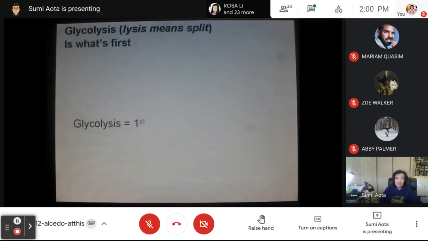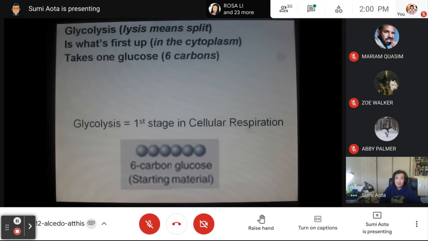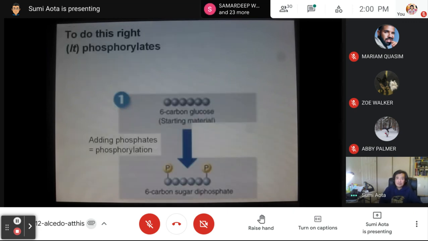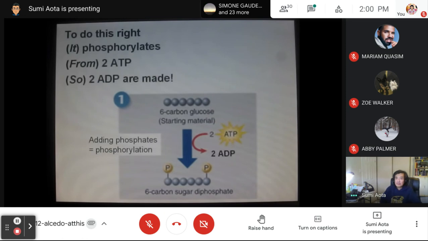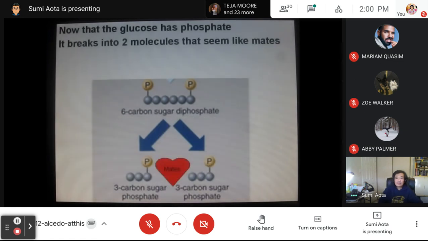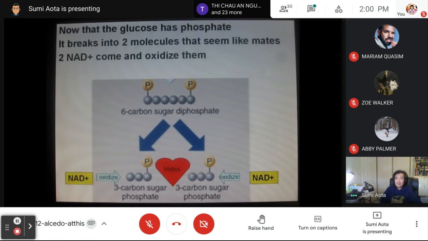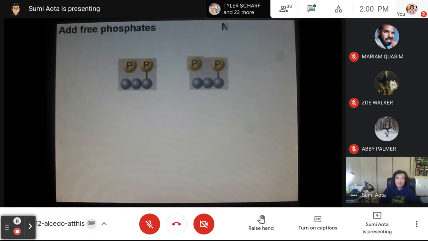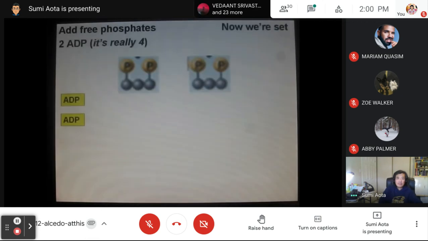Glycolysis, glucose split, is what's first up in the cytoplasm. Takes 1 glucose, 6 carbons, and splits it up. To do this right, it's phosphorylated from 2 ATP, so 2 ADP are made. Now that the glucose has phosphates, it breaks into 2 molecules that seem like mates to NAD+, coming off the oxidize them, which means they take electrons and hydrogen, and 3 phosphate. Now we're set. 2 ADP, it's really 4, and 3 carbon, met.